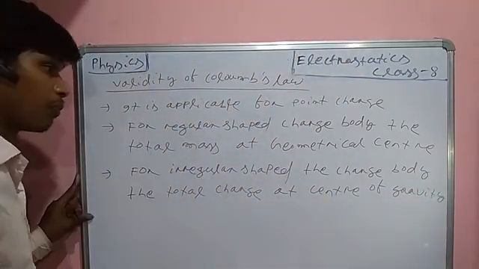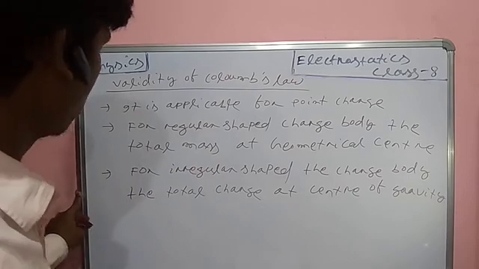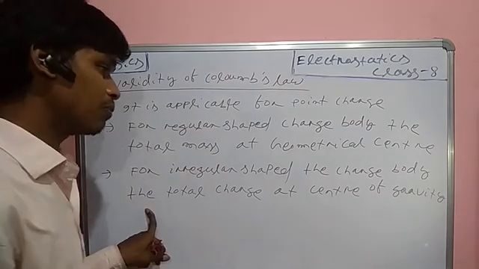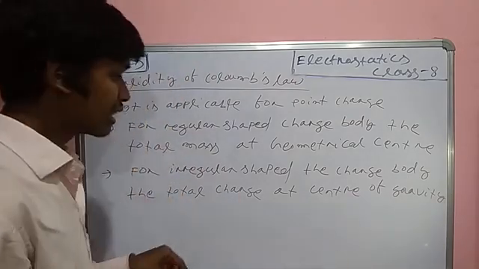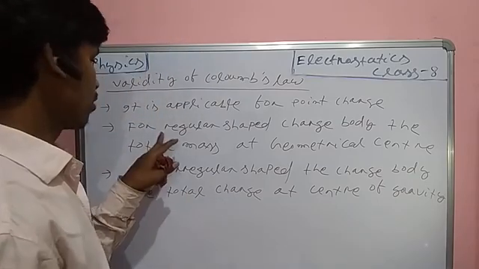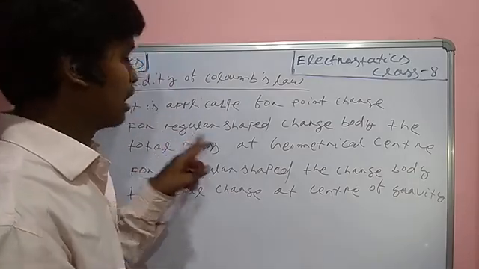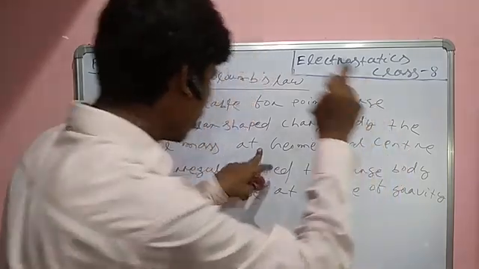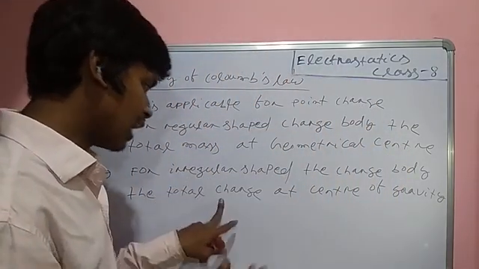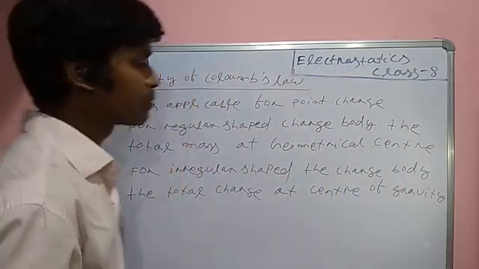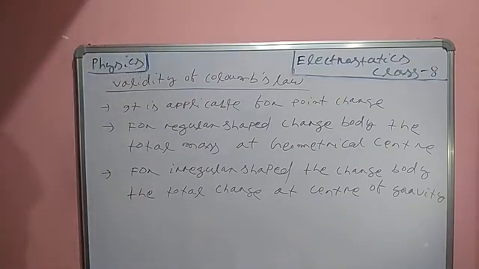The important point you have to remember, yes or no? For irregular shape, the charged body's total charge is at the center of gravity. For regular shape, the total charge is at the geometrical center, and for irregular shape, the total charge is at the center of gravity. You can write.